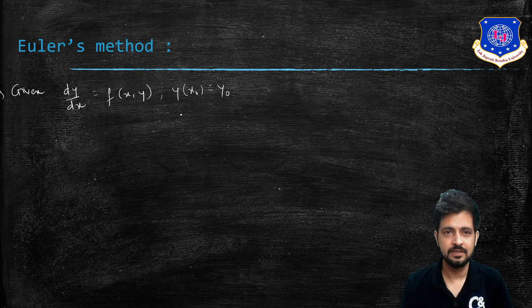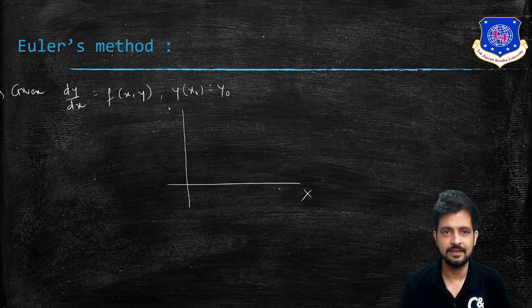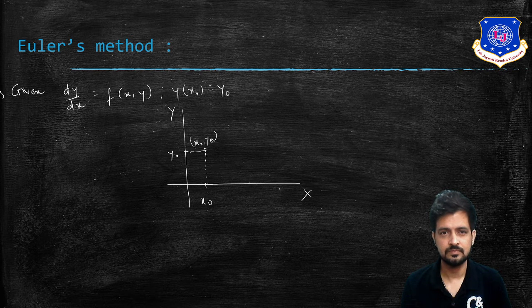Let us understand this graphically. This is our x-axis and y-axis. Here will be my x0, and y0 is also given, here is my y0, and here I can write my point x0 comma y0. Here I am taking x1, and the step size is h.